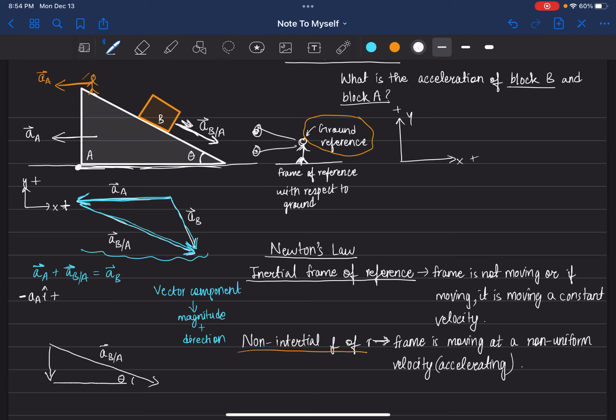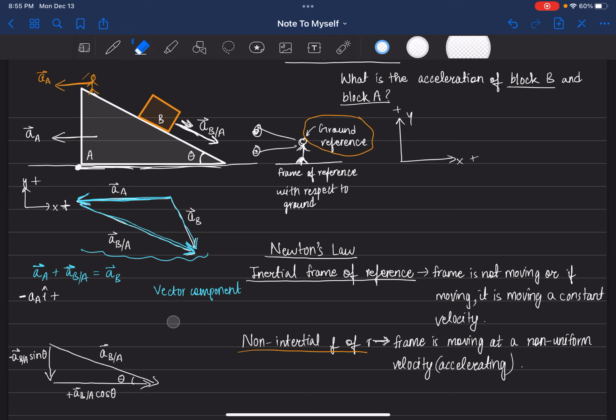So that means I can get the vector components like this. So then this will be simple trig: a_B/A sine theta, but this is going to be negative because it's pointing down. This will be a_B/A cosine theta. This is positive because it's pointing to the right.